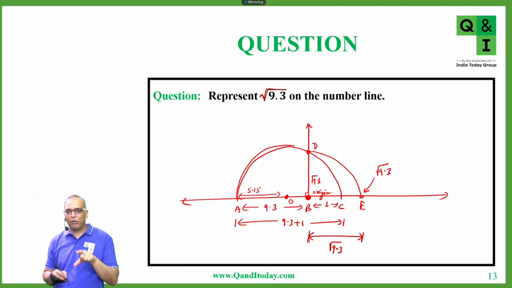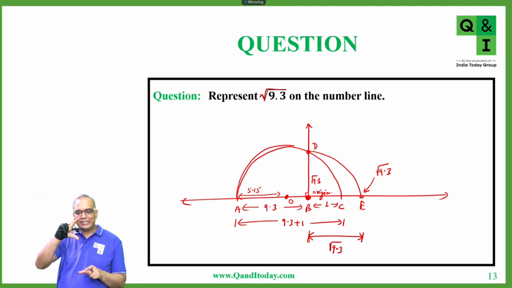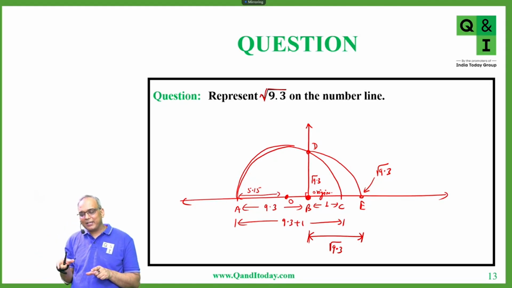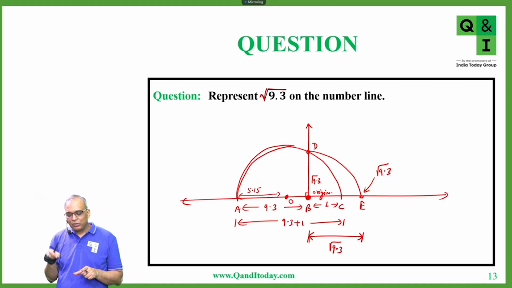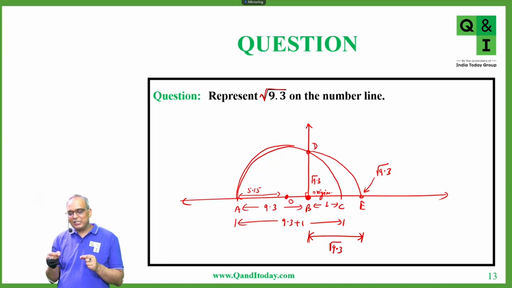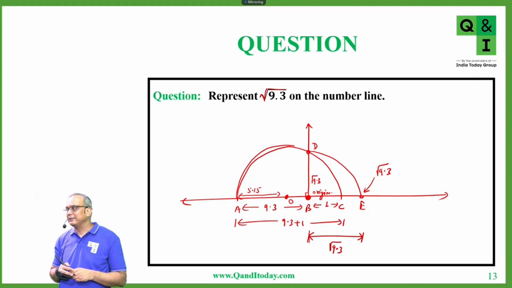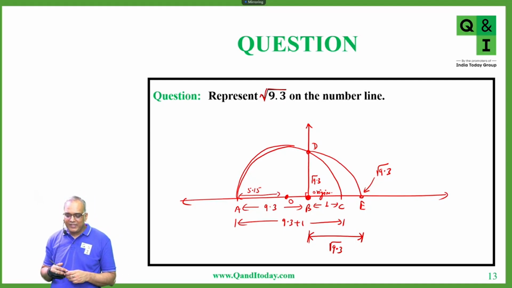So we put the compass at B and draw an arc having arc length BD to meet the number line at point E. So the distance B to E is equal to square root of 9.3, which we had to plot on the number line. Is this clear to everyone?